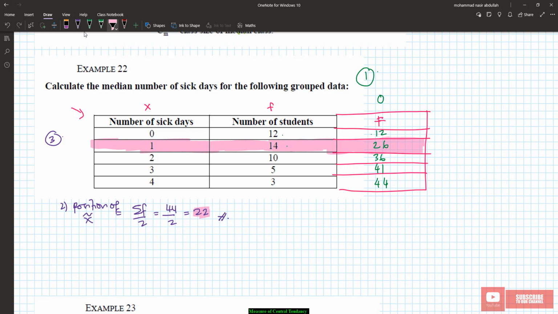So step number 4, since we don't have a class size, the median value should be equal to 1. Alright, should be very simple. How to calculate median.